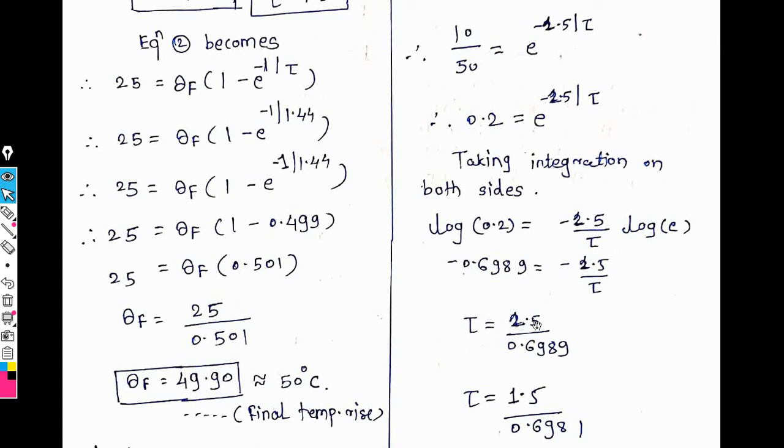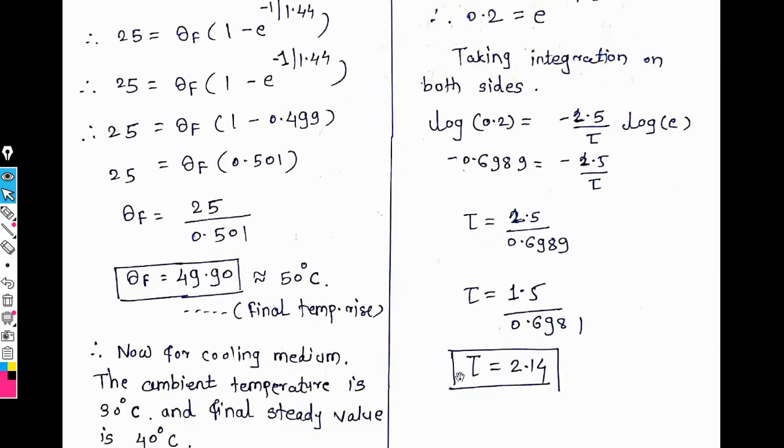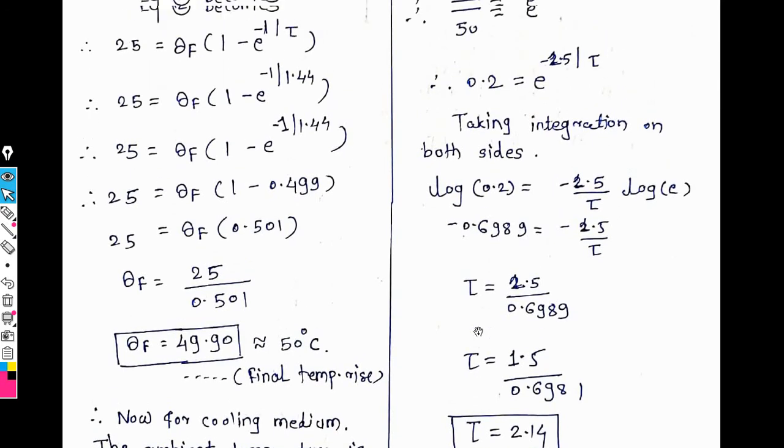Then tau is equal to 1.5 upon 0.6989. Thus we obtain the time constant in the cooling medium, called the cooling time constant. Then tau is equal to 2.14. Now this is the problem based on cooling time constant and heating time constant.